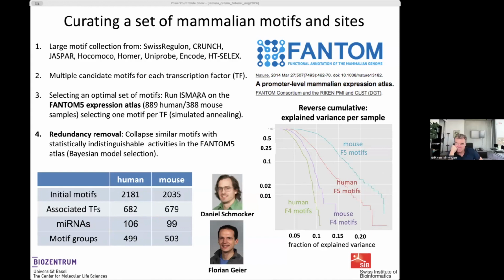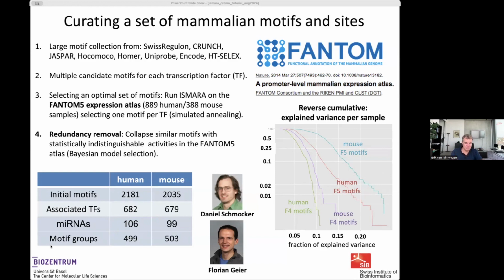So we basically curated a set of the best motifs for each transcription factor. And then in a final step that is very important, we looked at what motifs are so similar that they are essentially binding to highly overlapping groups of sites. Because there are many families of transcription factors in higher eukaryotes that bind to similar motifs.